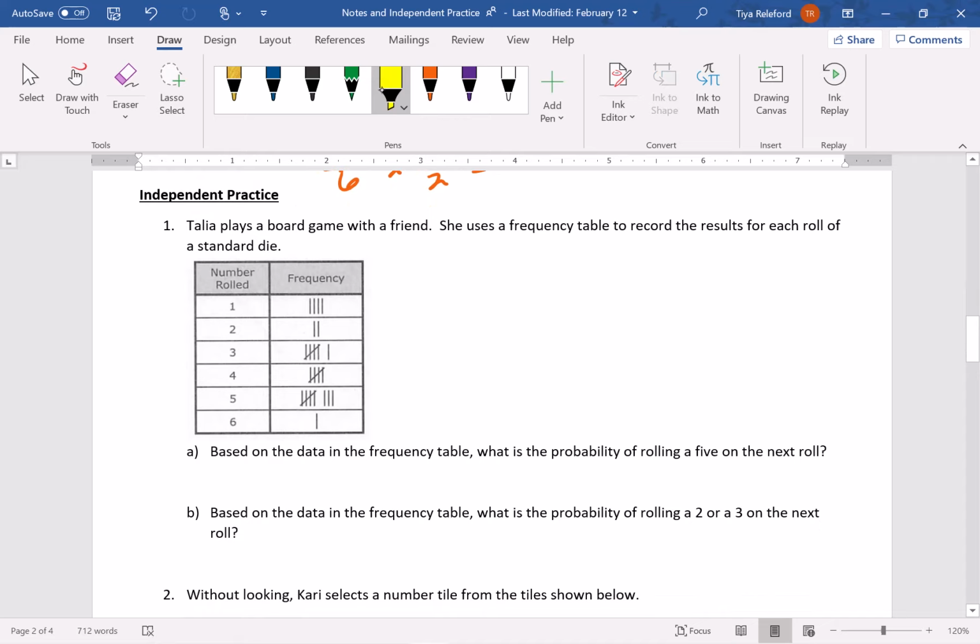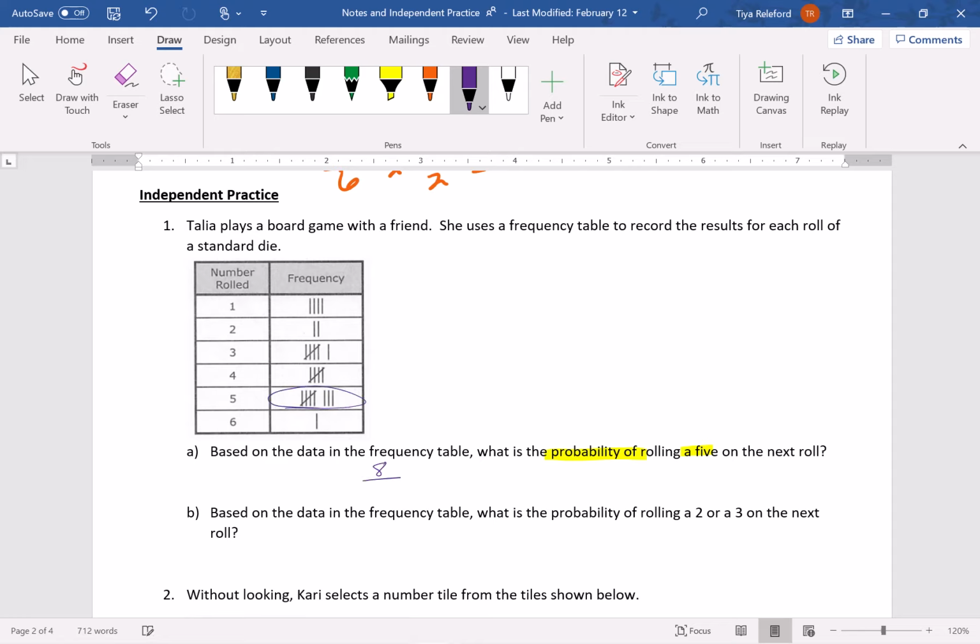All right, Talia plays a board game with a friend. She uses a table to record the results of each roll on a standard die. Based on the data in the table, what is the probability of rolling a 5 on the next roll? Well, how many times did we roll a 5? 8 times.